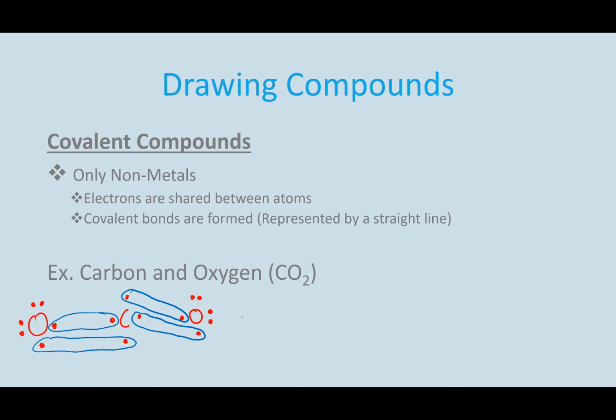And now we're going to draw what the compound would look like. So this is going to be a little different, and the way we draw these is we're going to start off with our oxygen atom. We're going to draw a line to represent the sharing. So these 2 lines here represent 4 electrons in total.